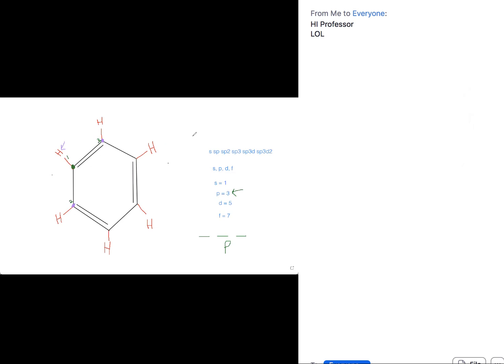So that's 3 things. So what you're going to do is hold your hand up in front of you, put down your thumb and your little finger. Hold up 3 fingers. Yeah, hold up 3 fingers. And then you say S, and you'll put 1 down.